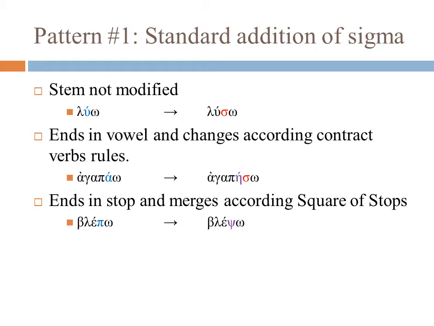And the third one is it ends in a stop and it merges according to the square of stops. So blepo, that P there, when it touches a sigma, is going to merge. So blepo, I see, is going to become blepso, I will see.